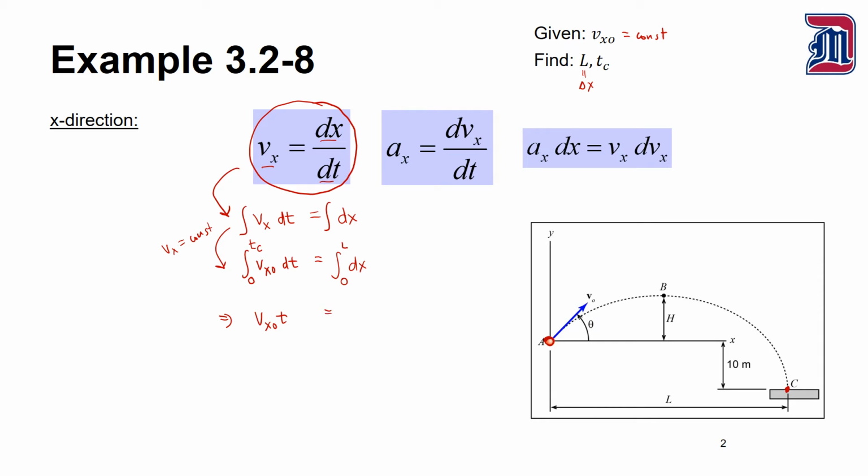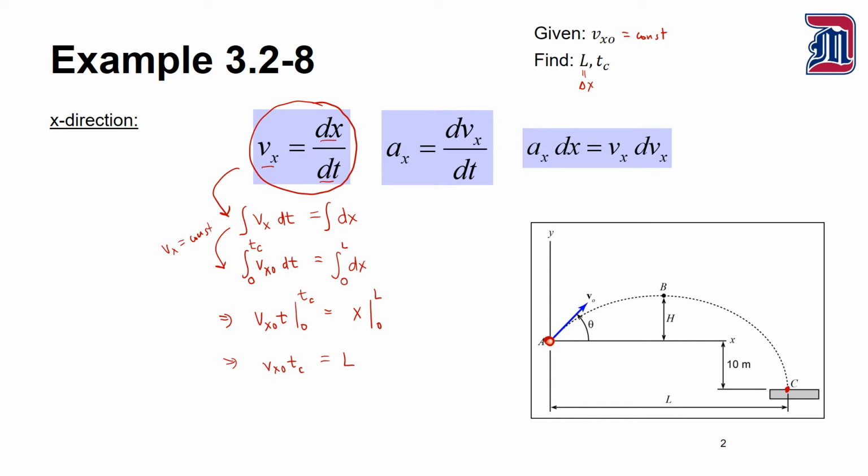On the right-hand side, it's like there's a 1 in our integral, and the antiderivative of that will just be x. This is a general form of the equation. If we evaluate it at our specific limits, t sub c and our final position x, then we get that Vx0 times tc equals L.